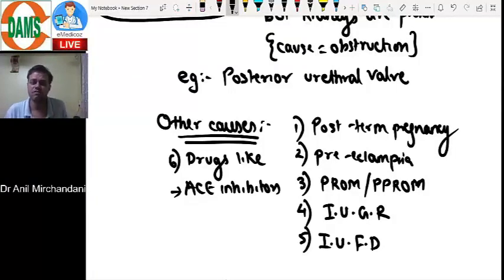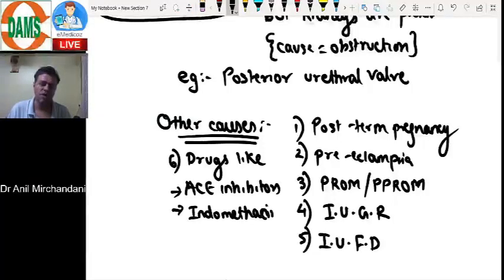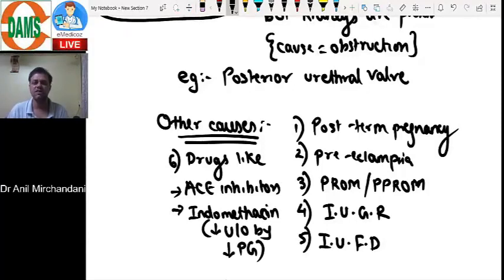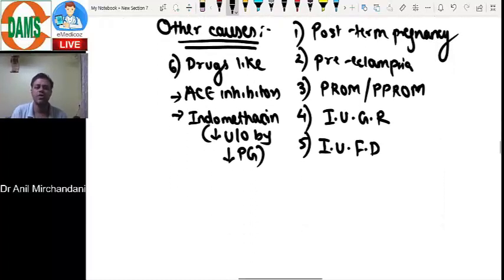Even indomethacin can cause oligohydramnios because it reduces urine output by decreasing prostaglandins. Indomethacin reduces prostaglandins, and fetal urine formation is prostaglandin dependent. So these are the drugs which can cause oligohydramnios.